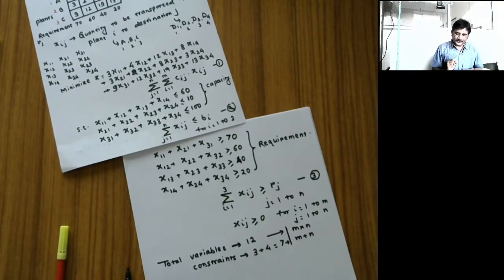In our optimal solution, it is guaranteed that 7 variables out of 12 will have values.